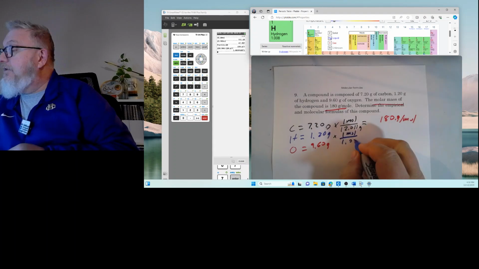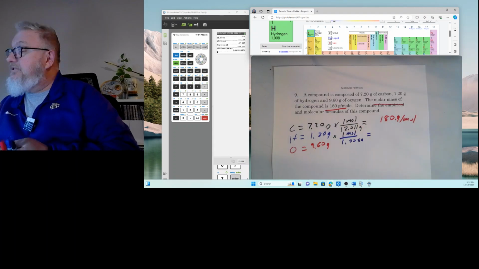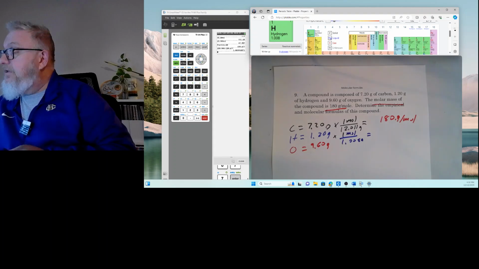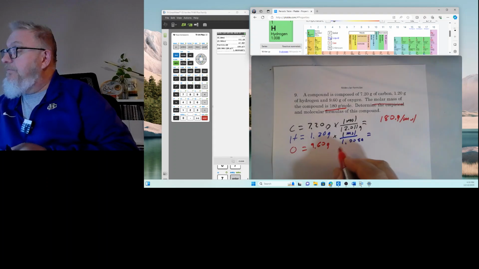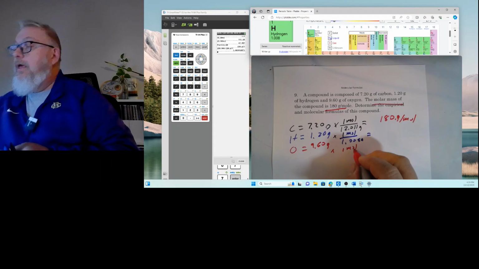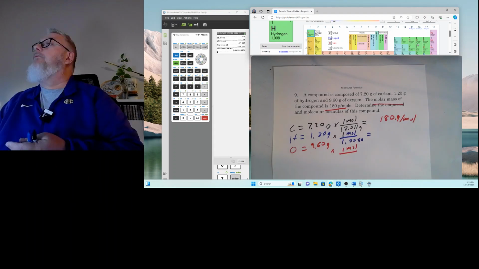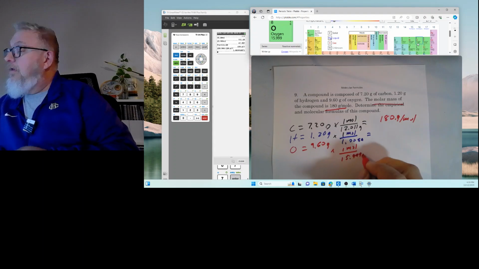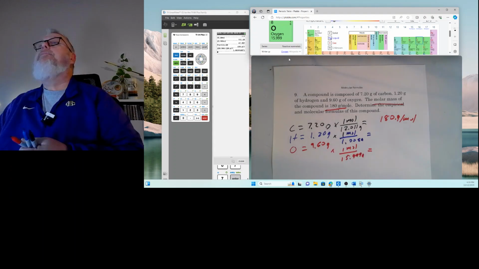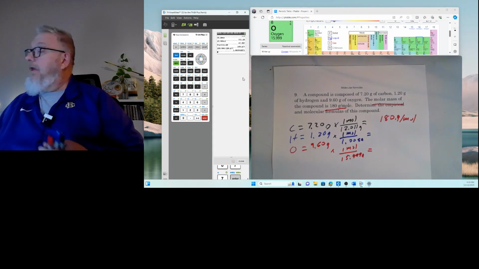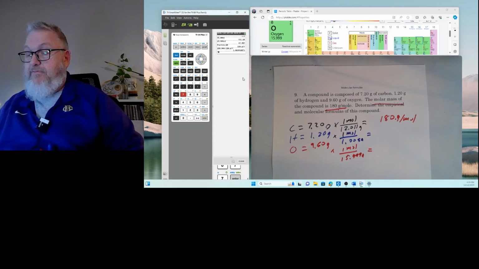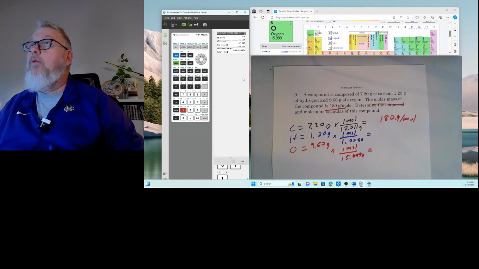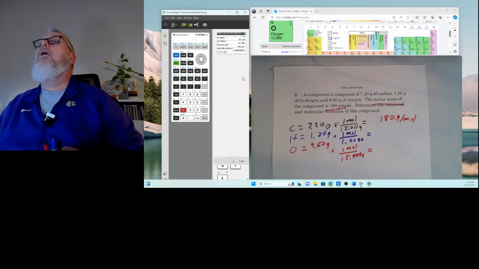And then oxygen is 9.6 grams times 1 mole over, and we should know that from our other problem, 15.999 grams. Okay, let's do our calculations. Okay, so 7.2 divided by 12.011. That's not right.